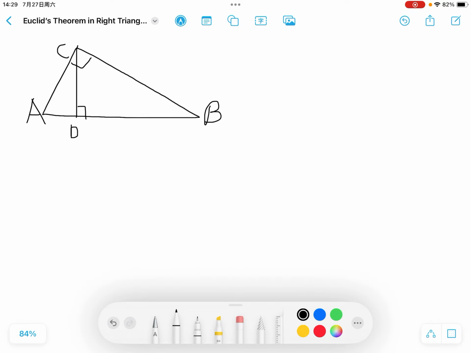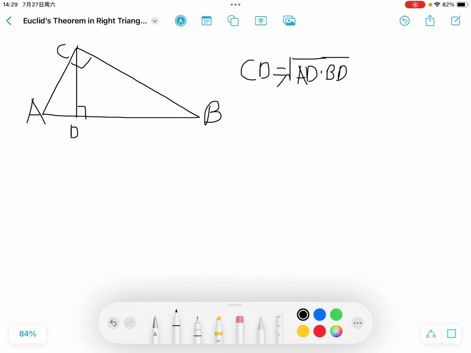Then basically, Euclid's theorem states that, firstly, CD is the geometric mean of AD and DB. By geometric mean, I mean you take the product of two numbers, and then you take the square root of that product. So the square root of AD times BD is the geometric mean, and it's equal to CD.